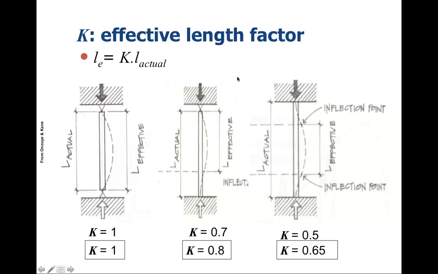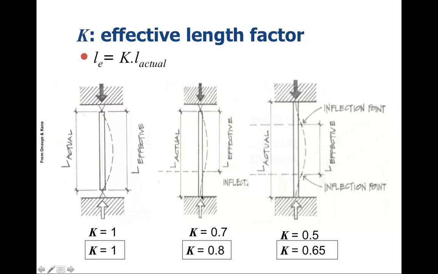So in terms of the effective length factor, which relates to how the column is actually attached or fixed at the top and the bottom: if K is equal to 1, then we're assuming that it's pinned at the top and the bottom, and the effective L is the whole length or height of the column. So basically it can rotate freely as soon as any load is applied. That would be K equal to 1.